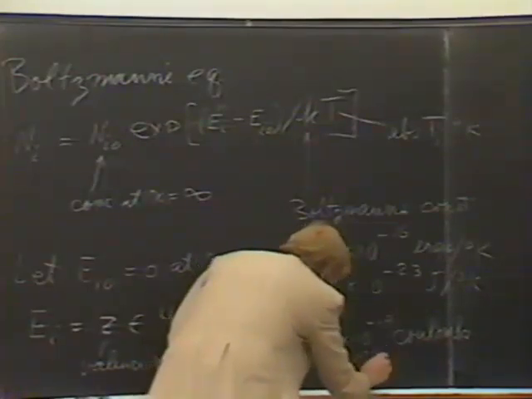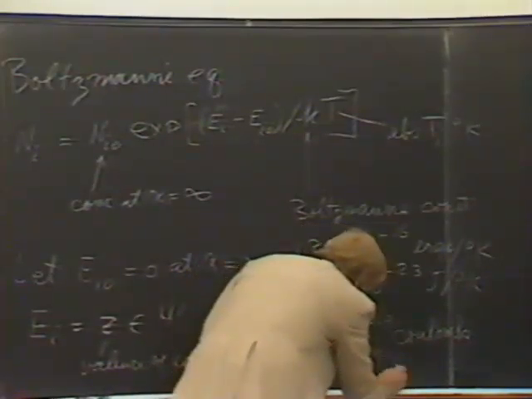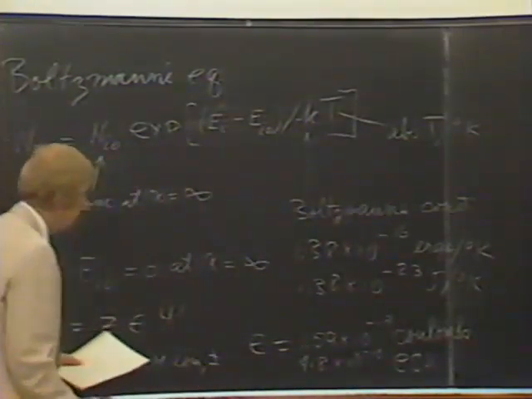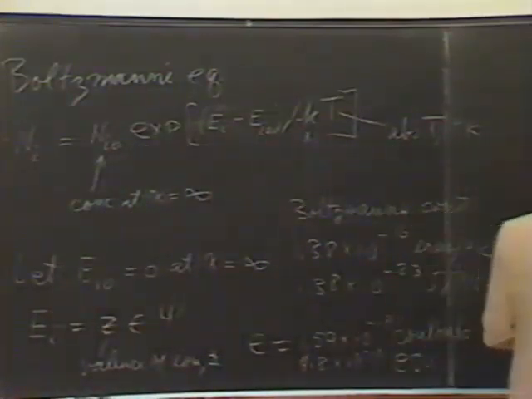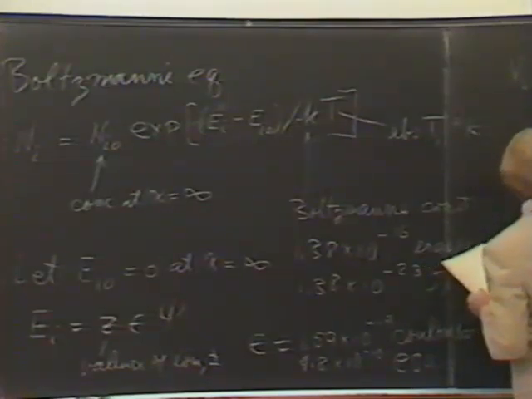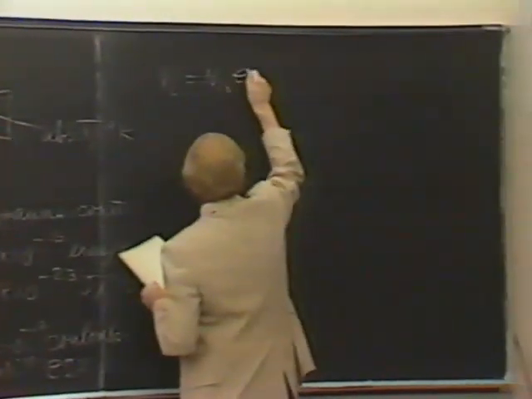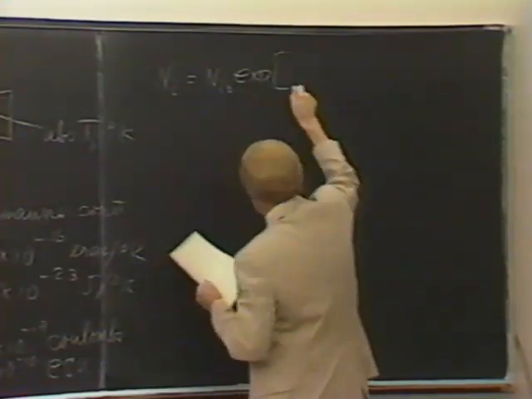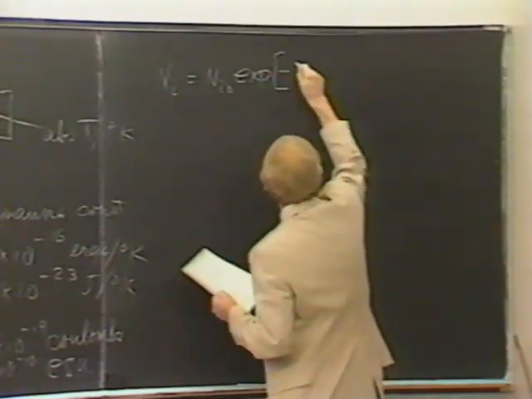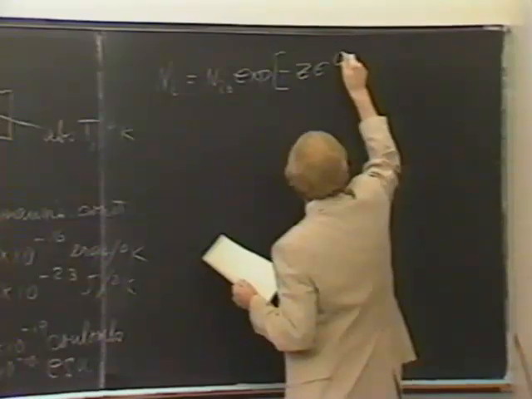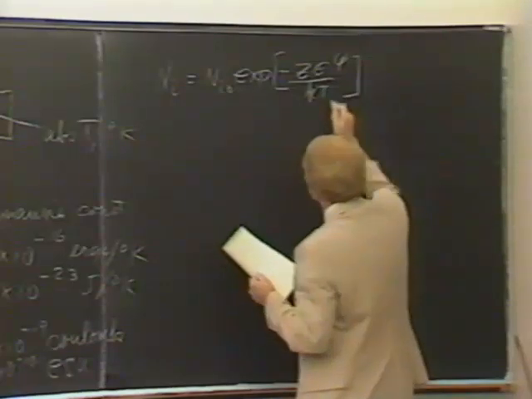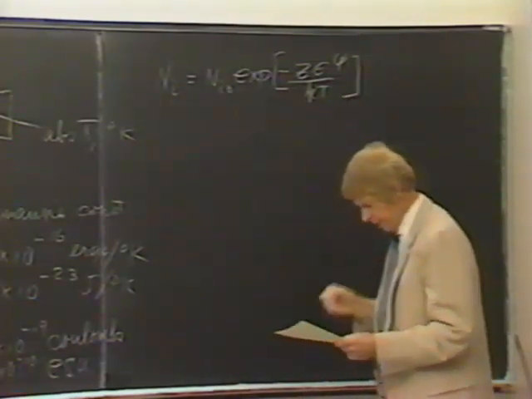So we can now write this relationship n i equals n i0 times e to the power minus Z epsilon phi divided by kT. And remember that both Z and the potential phi can be plus or minus.